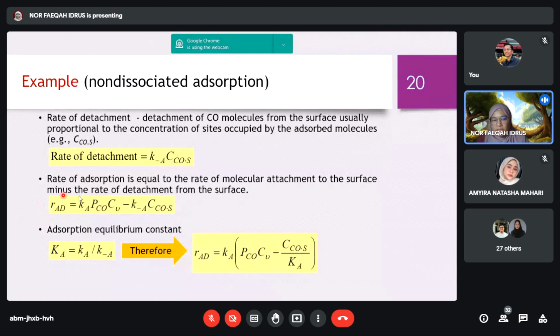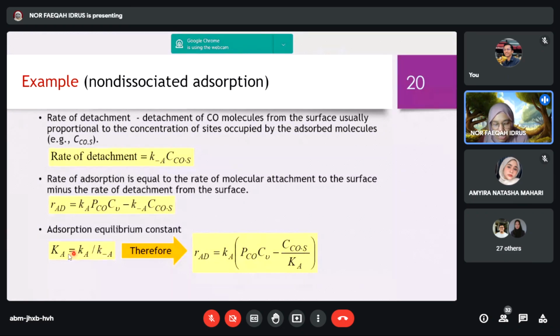So this is the equation. This is the most important part here. And then we relate it with the thermodynamic terms. We can relate it with the thermodynamics for the rate constant. The adsorption equilibrium constant Ka, or you can write it as a capital K AD, equals the rate constant for attachment divided by the rate constant for detachment.